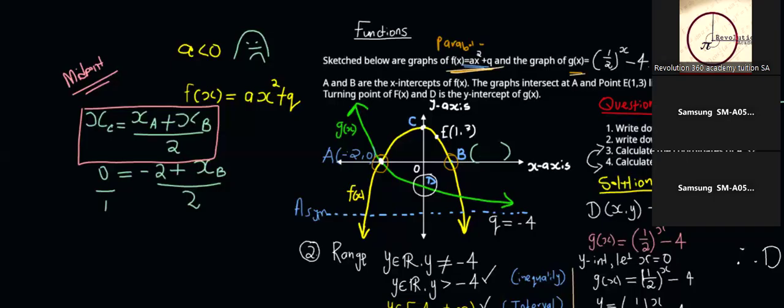Let me erase this because most of you will be confused. The x at C, we know the x value is 0, as I've just explained. And x at A is -2 plus, let me write it like this, maybe it will make sense. Take it as if it's not 2 and 0 for now, but the correct answer is 2 and 0, because those are the answers you're going to get.